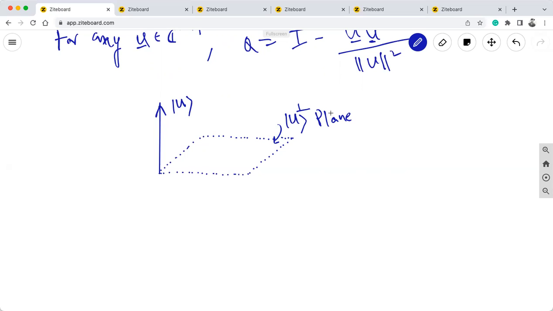And there is some other vector. Assume there is some other vector x. Say it is some kx.